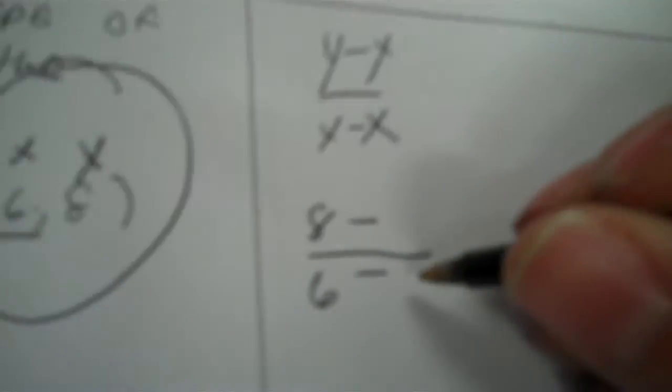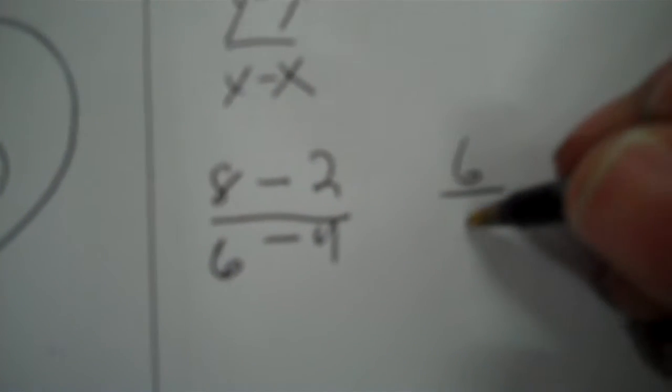So underline your x's. 6 is bigger than 4. So I have 6 on bottom, the x has to be on the bottom, and then the y, the 8, has to be on top. Now after your minus signs, you put the 4 on bottom and the 2 on the top. So 8 minus 2 is 6. 6 minus 4 is going to be 2.